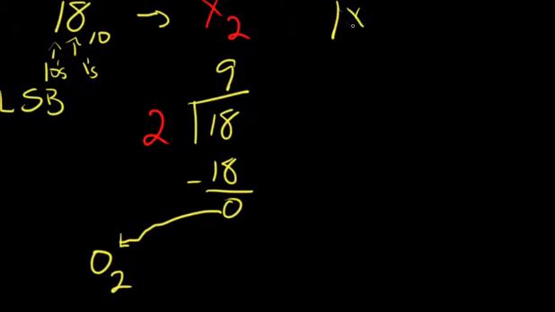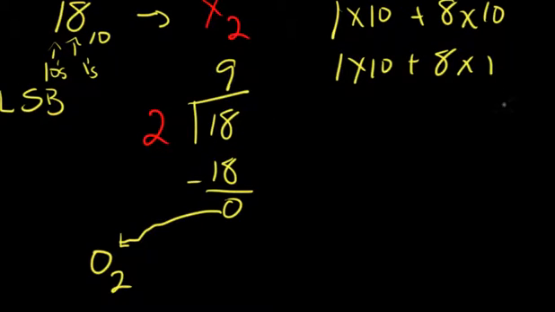We have 1 times 10 to the first plus 8 times 10 to the 0. And this turns into 1 times 10 plus 8 times 1, and that's where we get the name of the place that it's in. So this is the ones place because we're multiplying by 1, and this is the tens place because we're multiplying by 10, right?